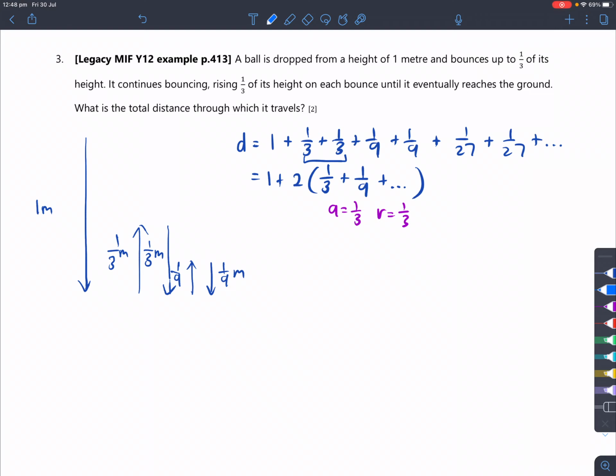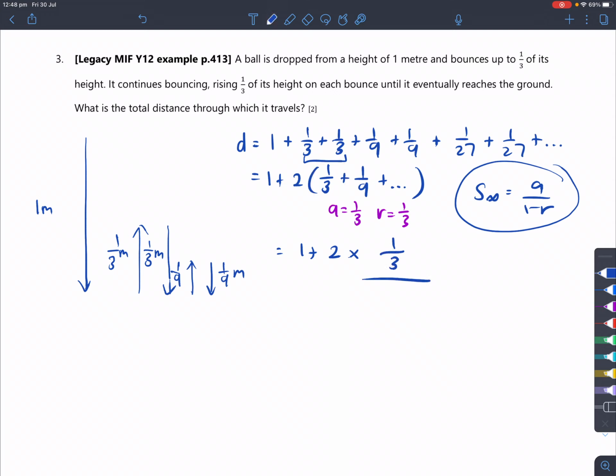So we make this equal to 1 plus 2 times, and we use the formula S of infinity equals A over 1 minus R. 1/3 is going to be A over 1 minus R, which is going to be 1/3 also.